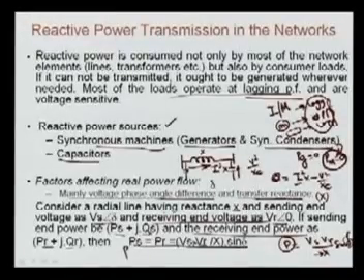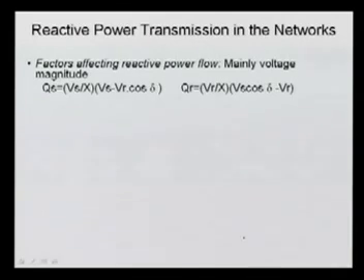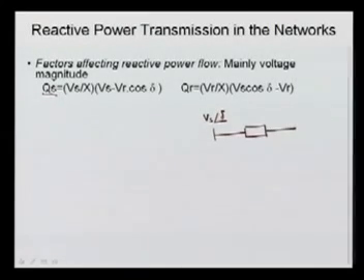Basically what we did here: it is Vs angle delta, and we have the transfer reactance of this whole system. Here it is the receiving end, Vr angle 0, and here I am taking it as jX.